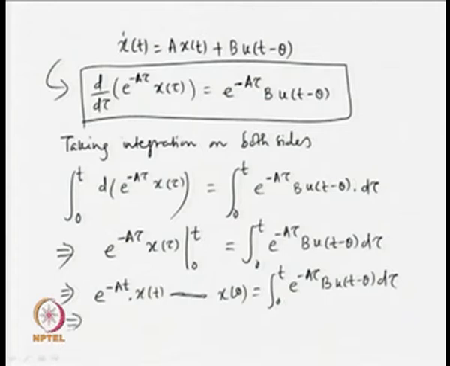Again this can be written as e to the power minus a t x t is equal to x 0 plus the remaining term.